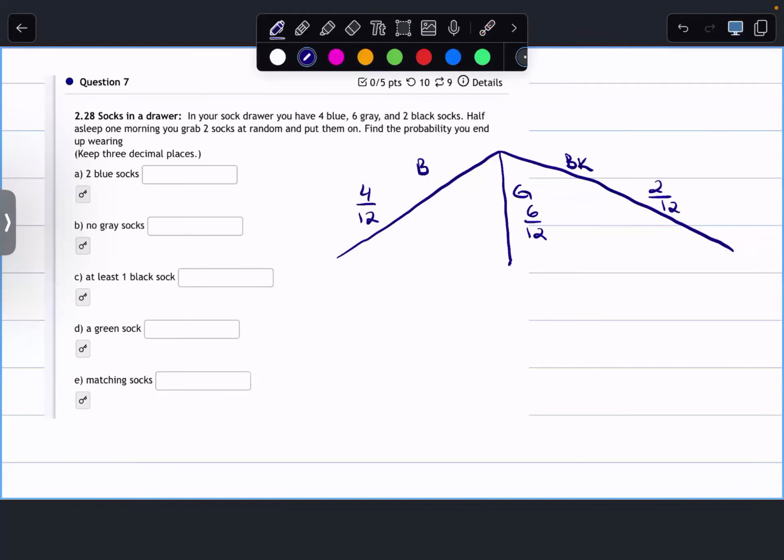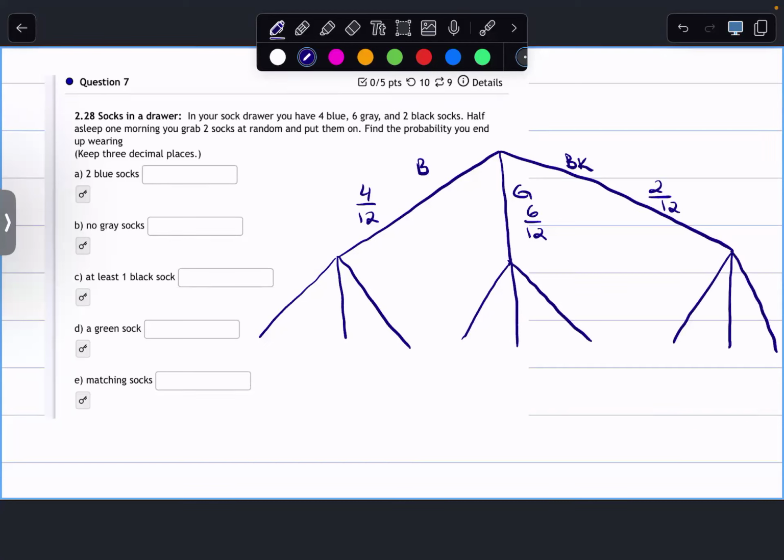This is why I needed a ton of space here, because I still have 3 colors to choose from.